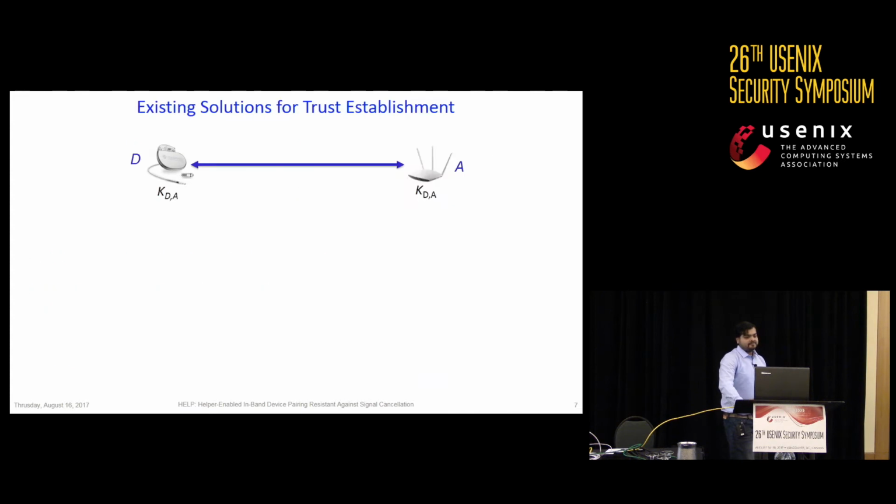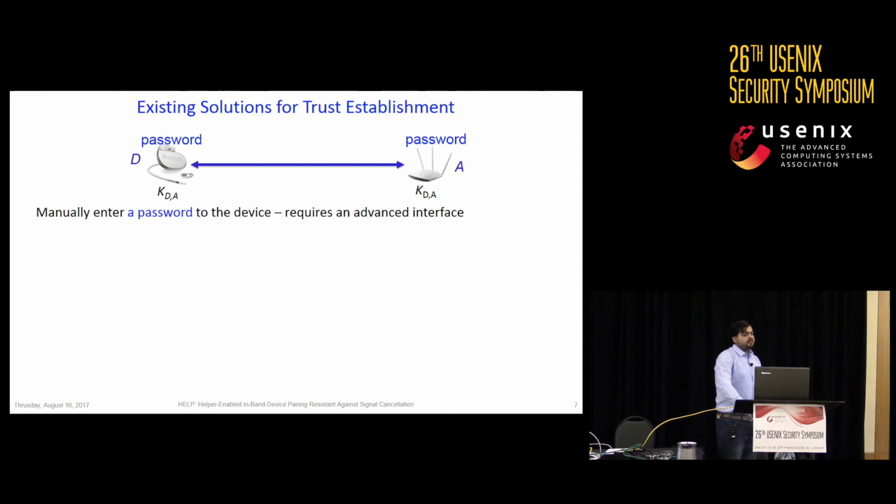The existing solutions for building trust establishment include manually entering a password into the devices, but this requires advanced interfaces such as a keyboard or a monitor or some channel to do that, and most existing smart devices may or may not have this.